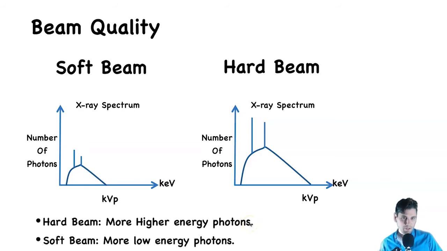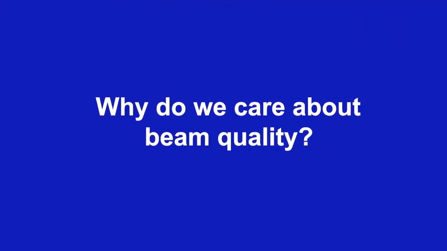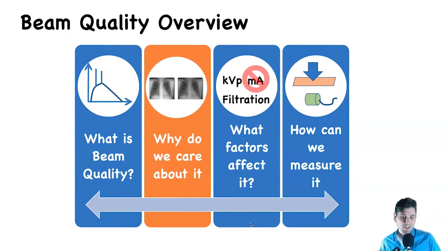So it's as simple as that. As your beam gets harder, it has more higher energy photons, its average energy is higher, and as your beam is softer, it has more lower energy photons. So that's what is beam quality.